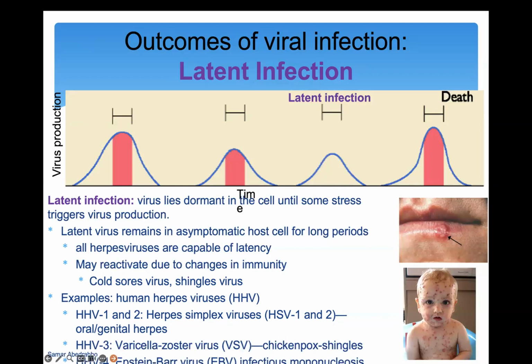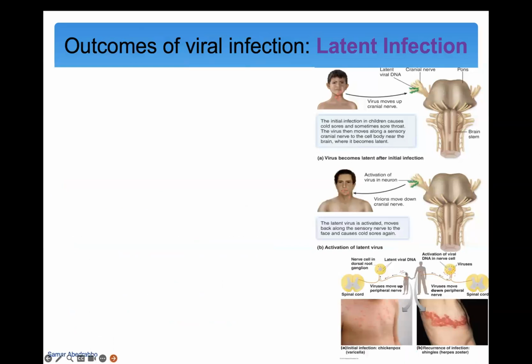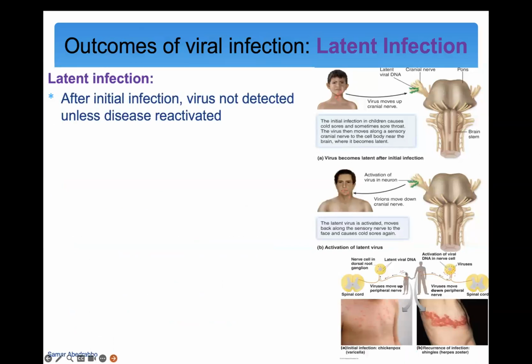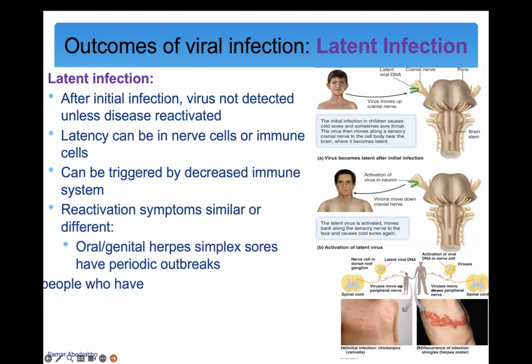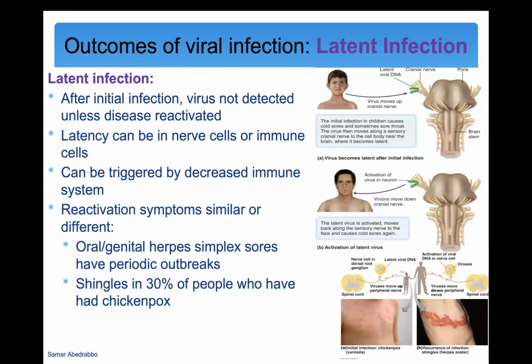Okay, there's more examples, and then we're going to talk about viruses that can cause cancer. One more thing about latent infection. With latent infection, after your initial infection, the virus isn't detected, meaning you do not see symptoms unless it's reactivated.